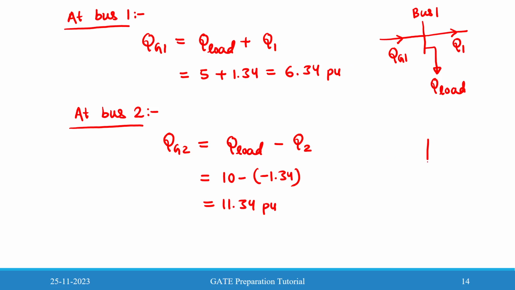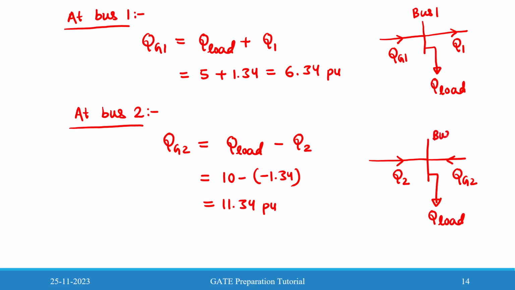And at bus 2, this Q2 is coming through the transmission line, and then this is reactive power coming from generator G2, and the load is also connected at bus 2.